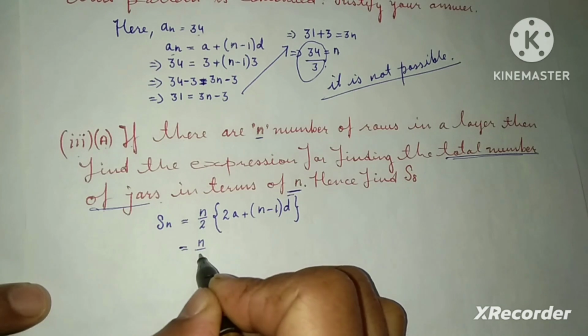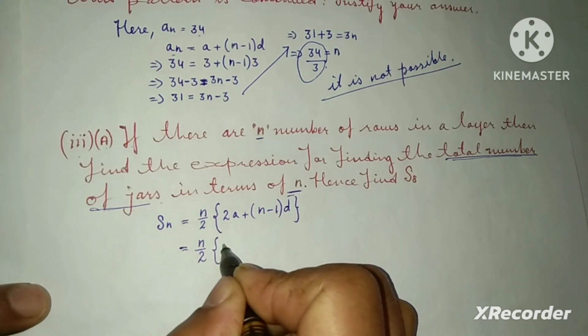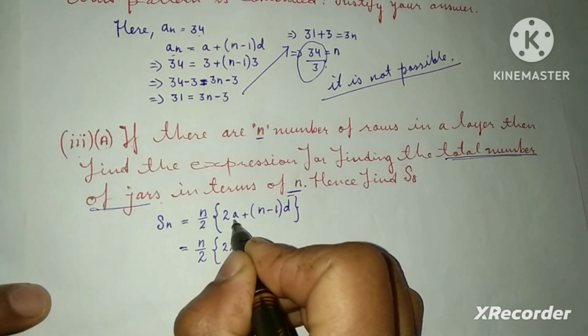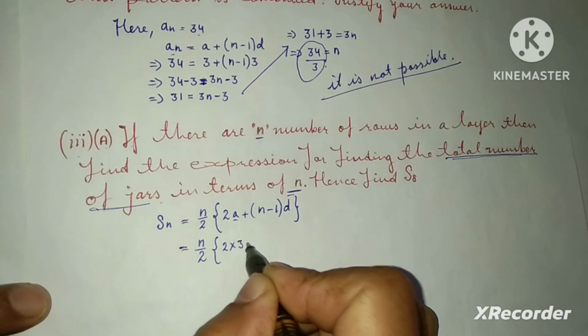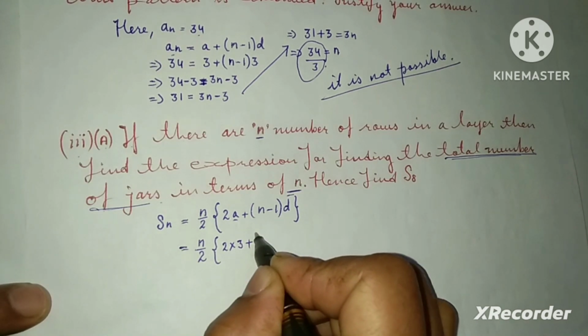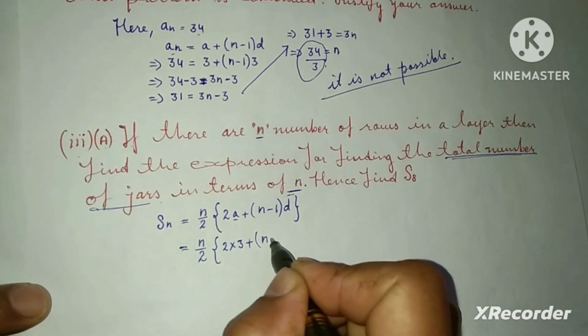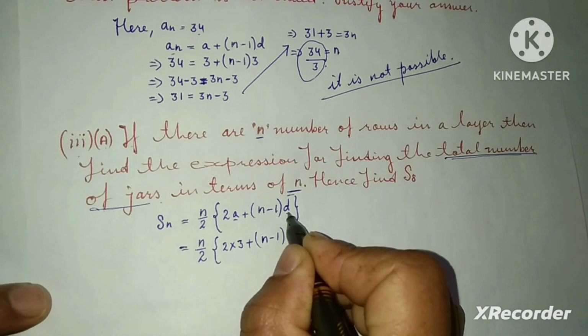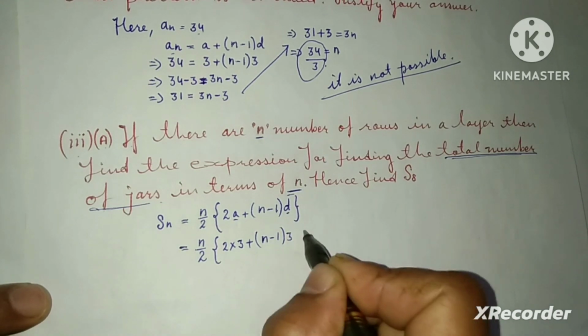n by 2 into, for a we have 3 plus n minus 1 d, for d we have 3.